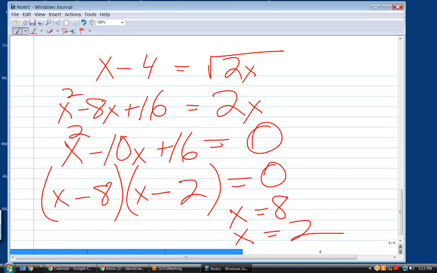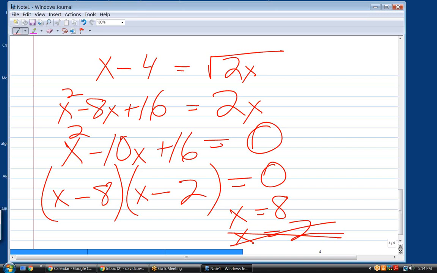Second one doesn't work, does it? No. That's an extraneous solution. In other words, whenever you have radicals in an equation, you're very likely to have extraneous solutions.